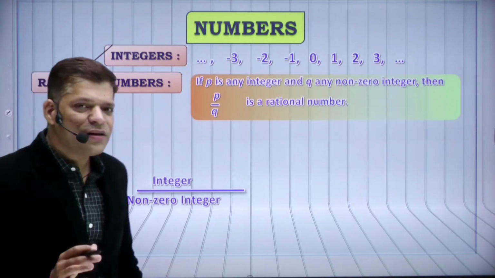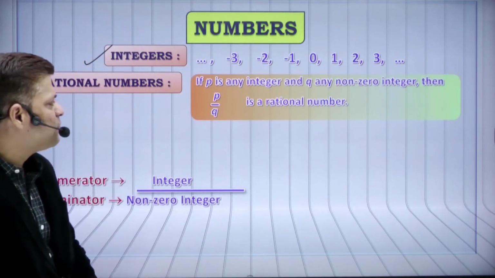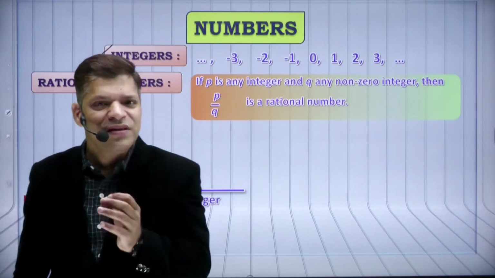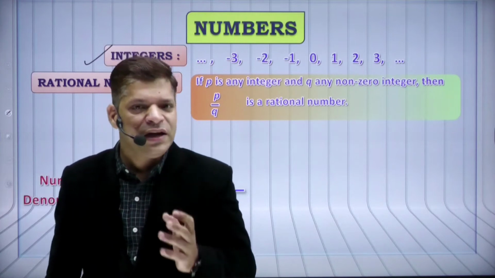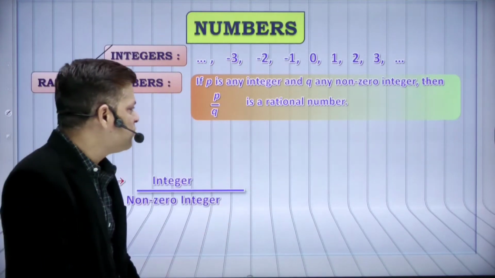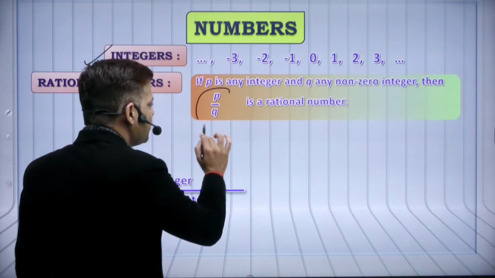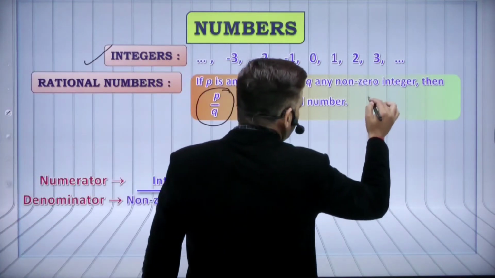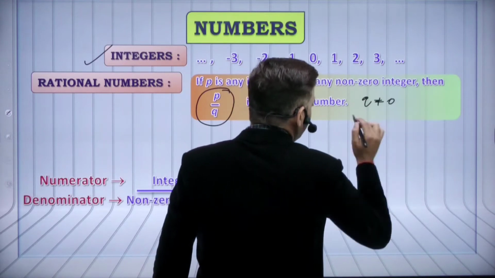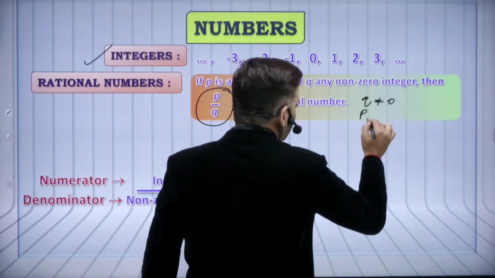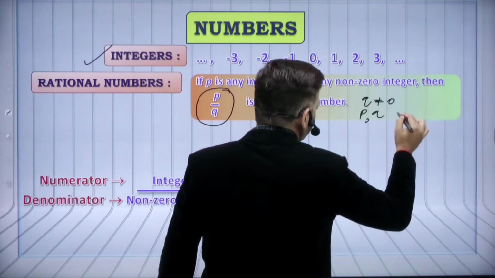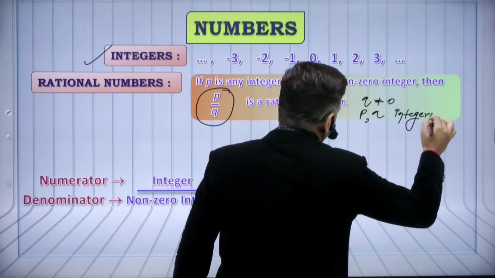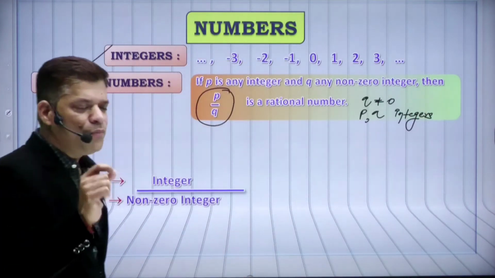So what are rational numbers? If p is any integer and q is any non-zero integer, then p by q. This is very important. Rational numbers are in the form p by q, where q is not equal to 0, and p and q both are integers.